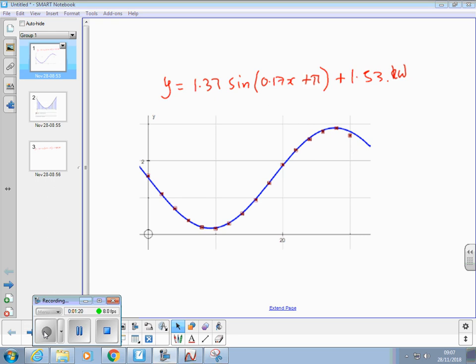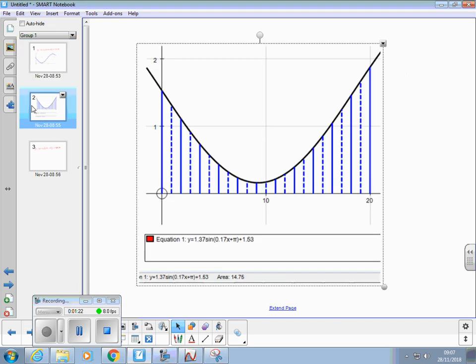The assignment focuses on the first 20 seconds of that data and how much energy there is, so we're looking for the area under that curve between 0 and 20.